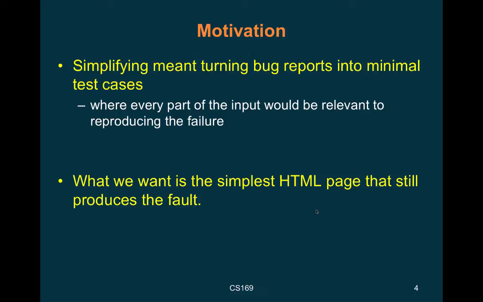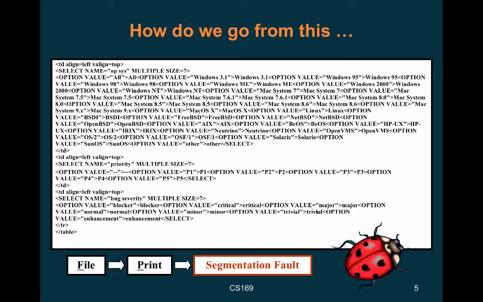Okay, so let's look at a specific example. This is a rather small web page that back then, if you tried to open it from your file system or from a web server in Firefox, and you tried to print it, the browser would crash, would segfault and die. Okay? So there is something in here that the browser completely didn't like.